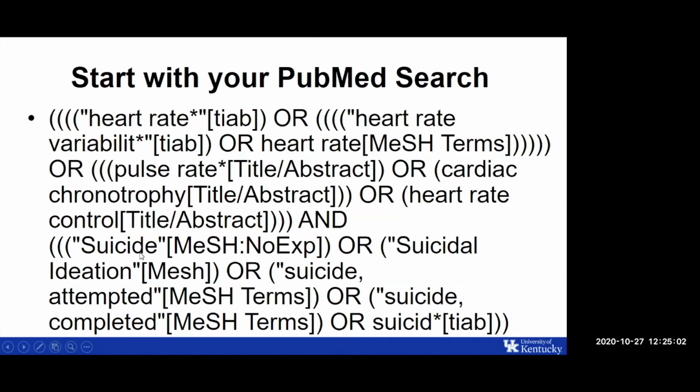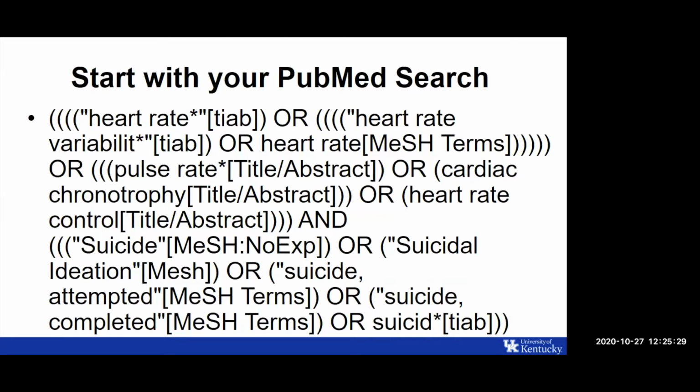And then we go to suicide. We have this term suicide, and we have it as a MeSH term, no explosion. So no EXP means no explosion. In this particular instance, and I'll show you in the MeSH tree in a couple of slides, the researchers decided not to explode the tree.